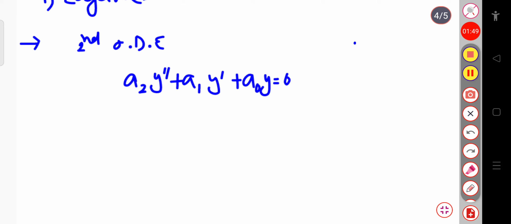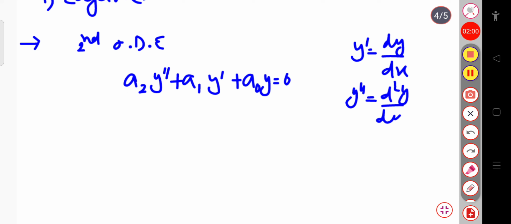So you know y prime equal to dy by dx and y double prime equal to d square y by dx square. Here a0, a1 and a2 are called the coefficients of y, y prime and y double prime respectively.